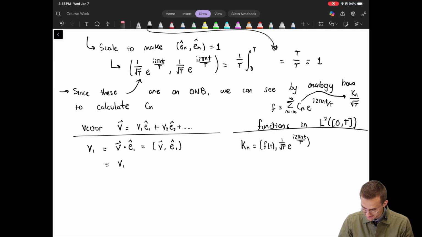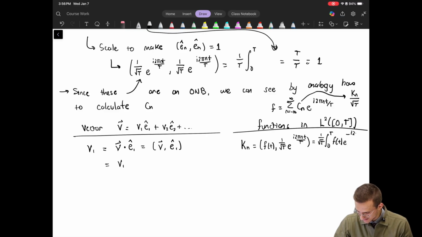Okay, one of the basis vectors, or the nth basis vector, more specifically, which is equal to 1 over the square root of t times the integral from 0 to t of f of t times e to the minus I 2 pi nt over t dt, right? And that's the actual formula.